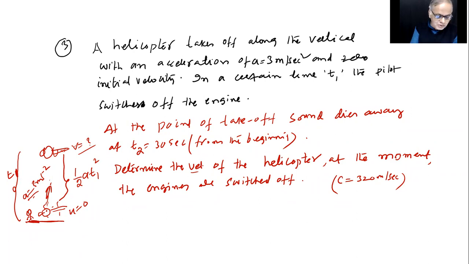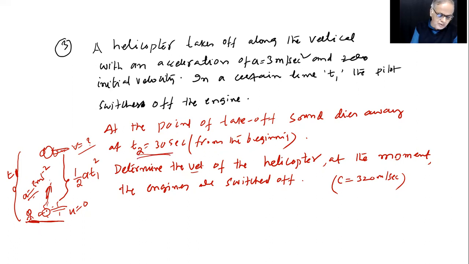So sound already was emitted, no? It takes some time to come back to this fellow. But after some time, the sound was not heard, and he says it dies off after 30 seconds for him.